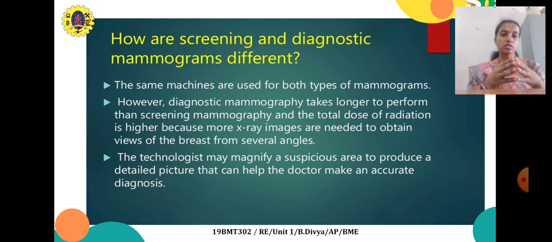The technologist may magnify a suspicious area to produce a detailed picture that can help the doctor make an accurate diagnosis.